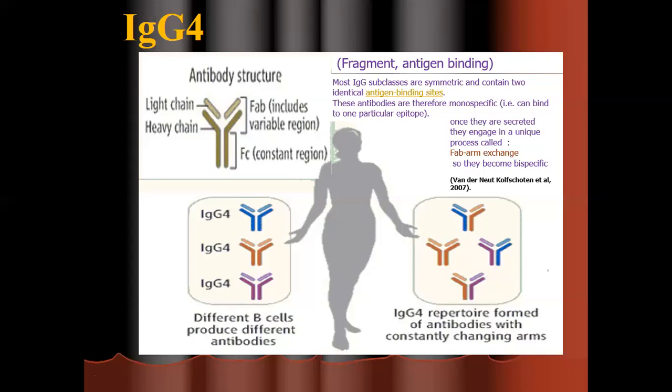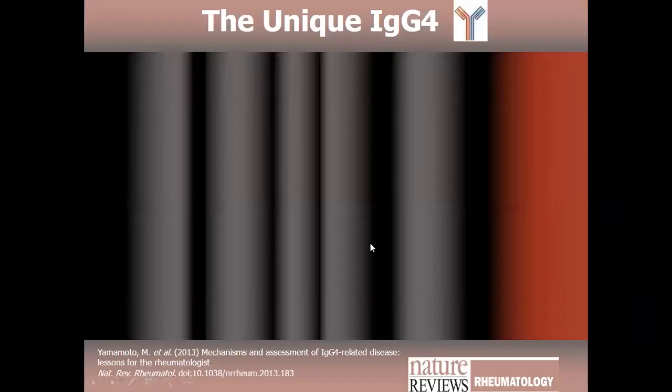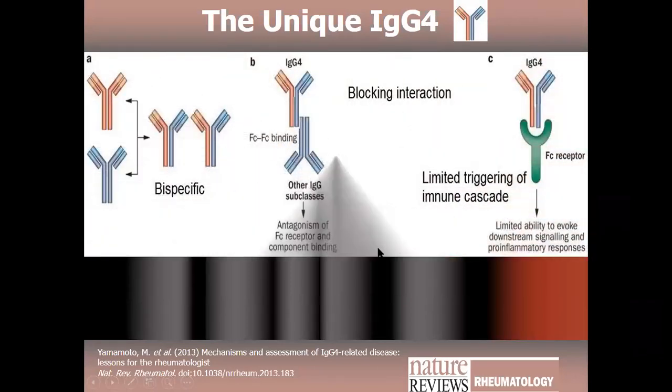But after release into the circulation, it passes through the Fab arm exchange. Every antibody exchanges one of its antigen binding fragments with another, to give us a heterogeneous immunoglobulin. You see the blue one specific to a certain antigen and the brown one specific to another antigen. Fab arm exchange yields this heterogeneous immunoglobulin. This phenomenon is unique for IgG4.